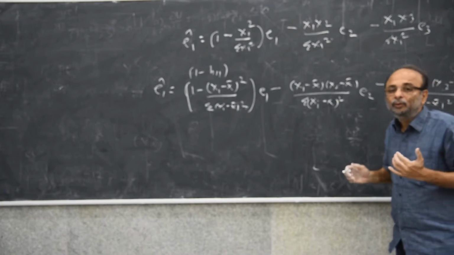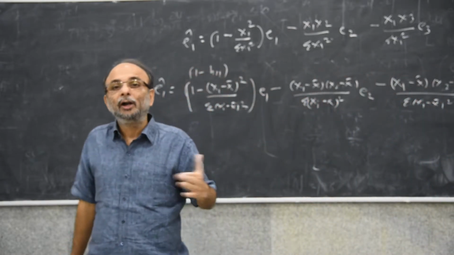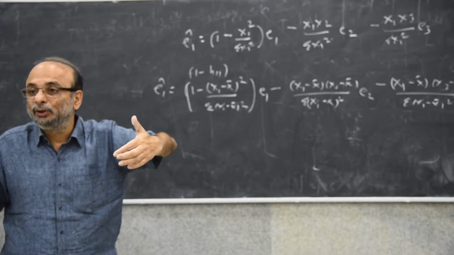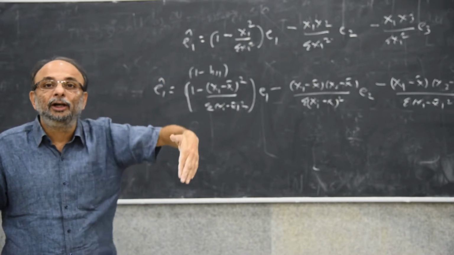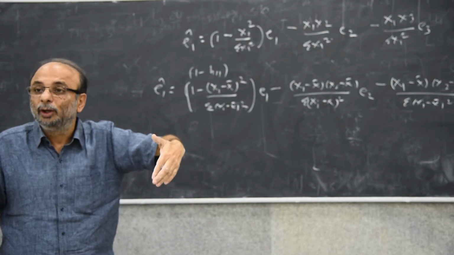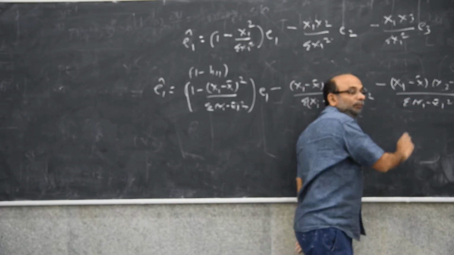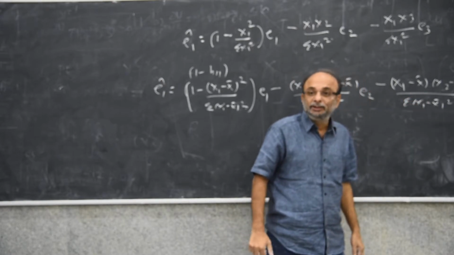Now, if we assume that X1, X2, E1, E2 are all independent, and if X1, X2 are also independent, then obviously these covariances will not matter. This covariance will be 0.